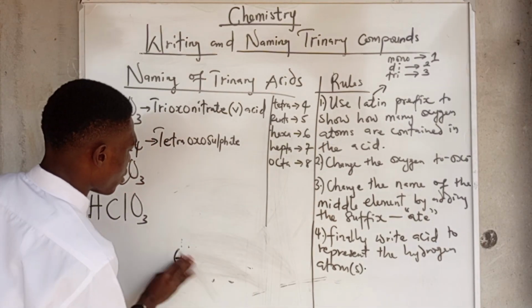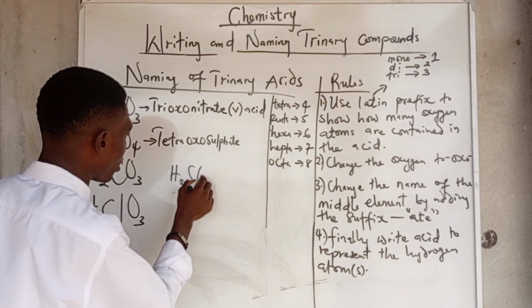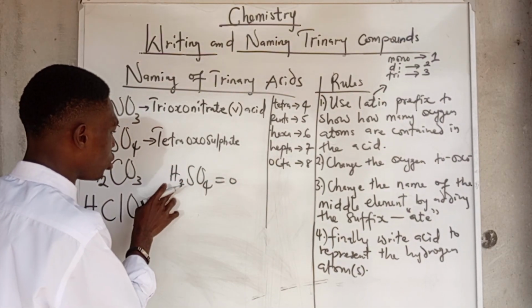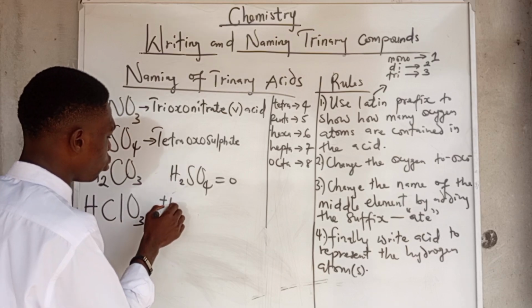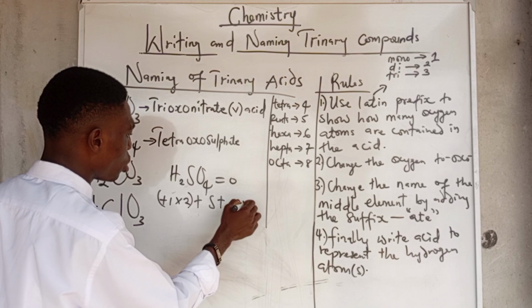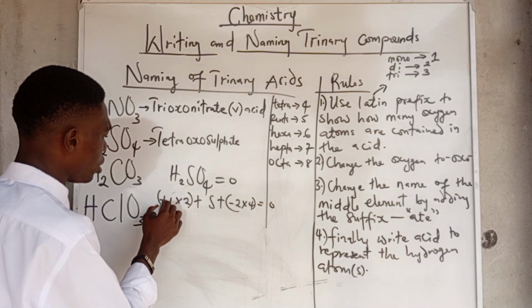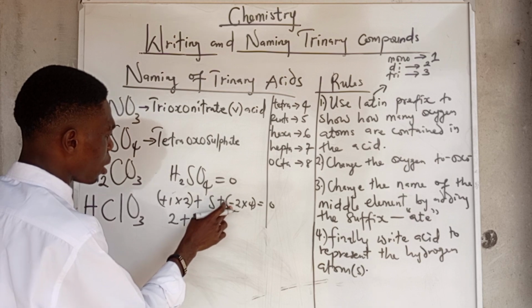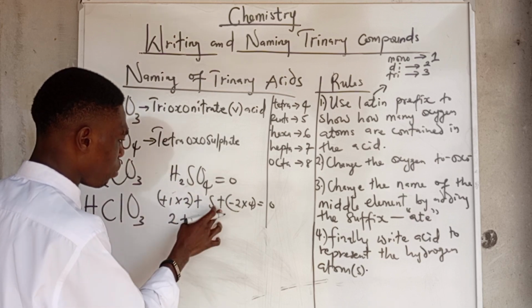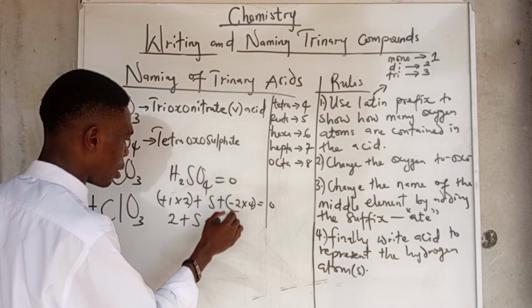We have H2SO4 will be equal to 0. Hydrogen is always +1, but now it's 2. So we have +1 times 2 plus sulfur plus -2 times 4 equal to 0. This is 2, then -2 times 4 is -8, equal to 0.